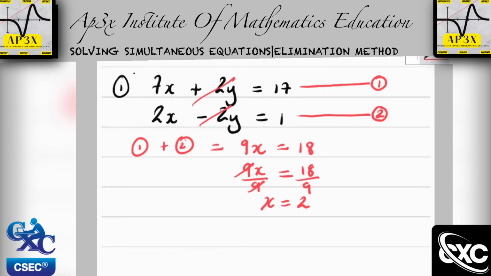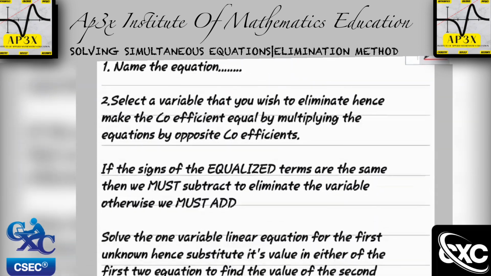Now if you go back here to step 4 and we check it out here, it says that we're going to solve the equation for the first unknown, which we just did. We just learned that x is equal to 2. But once we've found that value, we're then going to substitute the value in either of the first 2 equations to find the value of the second variable.